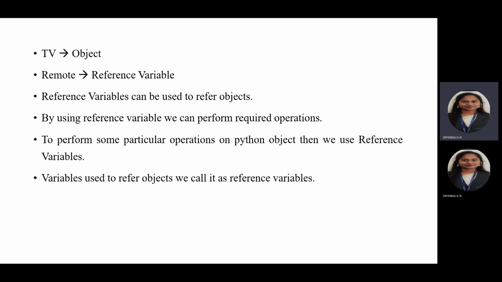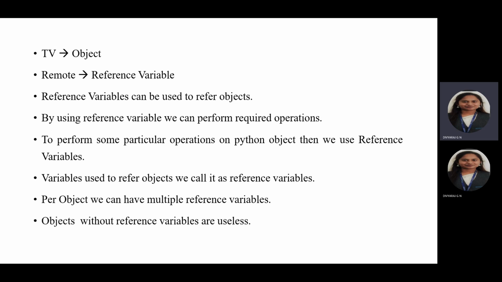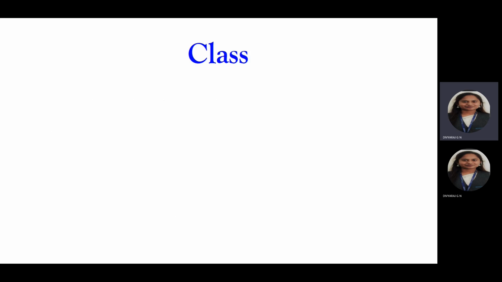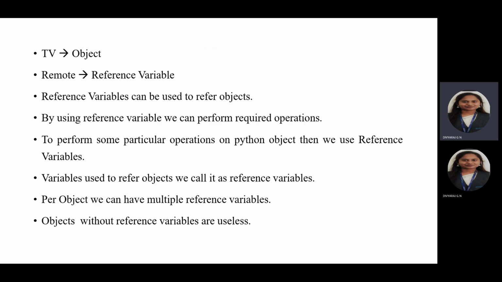Variables used to refer objects, we call it as reference variables, and very important, per object we can have multiple reference variables. Okay, so for one object we can have multiple reference variables, and objects without reference variables are just useless. Okay, so you will have reference variables for all the objects.